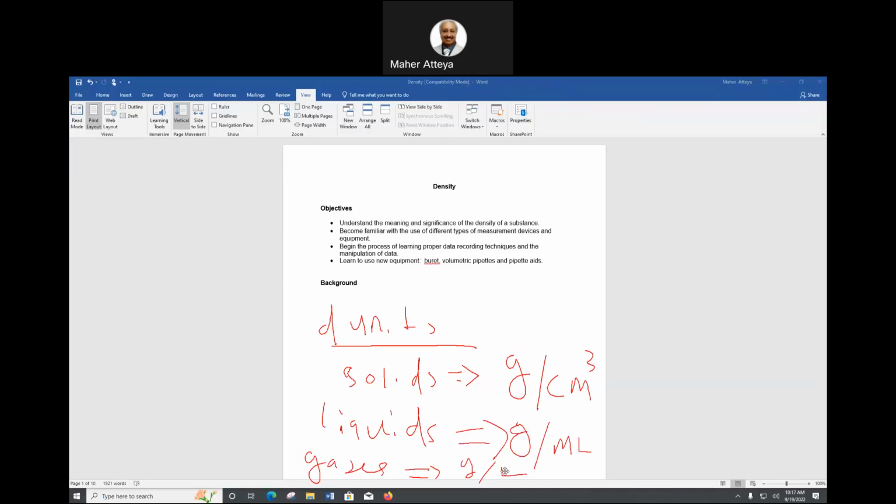Anytime I use a solid, I always use gram per centimeter cubed because that's very dense. Liquids are moderate in the density of the particles by themselves, so gram per mL. And gases, because they are spread all over the place, have large volume, so we use gram per liter. So any question you have about this?